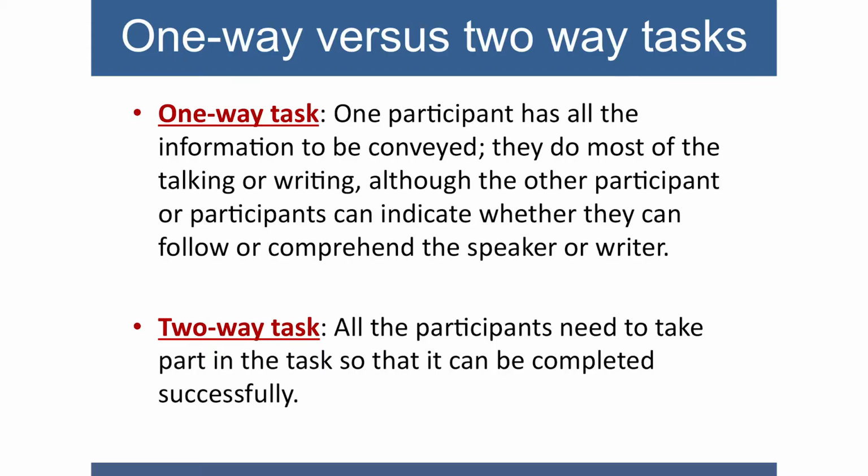We can also distinguish tasks based on whether one or more students are responsible for the flow of information. In one-way tasks, one participant has all the information to be conveyed. As a result, this participant is largely responsible for successful task completion. He or she does most of the talking or writing, although the other participant or participants can indicate whether they can follow or comprehend the speaker or writer.